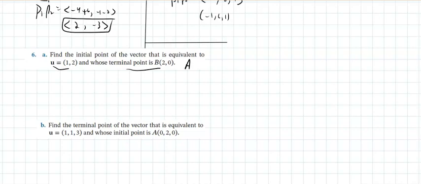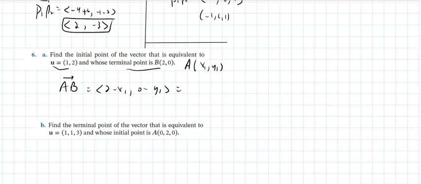Let's say A happened to be the actual point and A has x1, y1. It's saying this is the terminal point, which means AB, they ran from A to B. Now if I'm running from A to B, wouldn't that be 2 minus x1 and 0 minus y1?